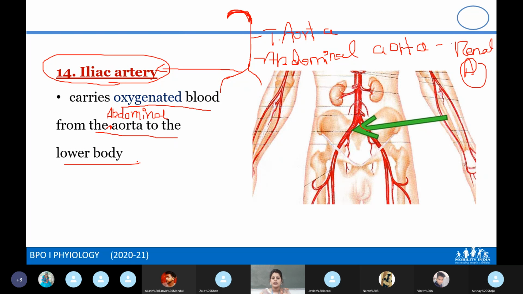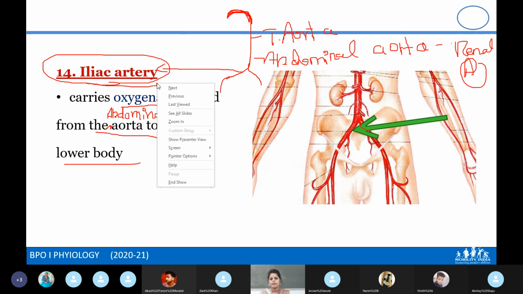Now here starts the blood supply to the lower limb. In the upper limb, the blood supply started from the subclavian artery, and here it starts from the iliac artery. You can see here, this is the division.